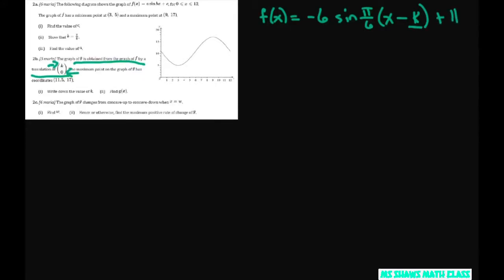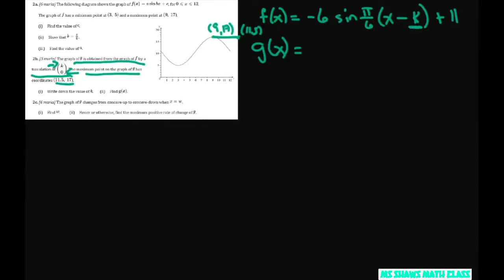So we have to find k, and basically it says the maximum point of the new graph of G equals (11.5, 17). So this is (9, 17). So if we move this over to 11.5, we're adding 2.5.